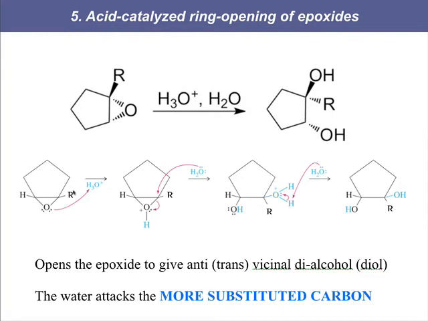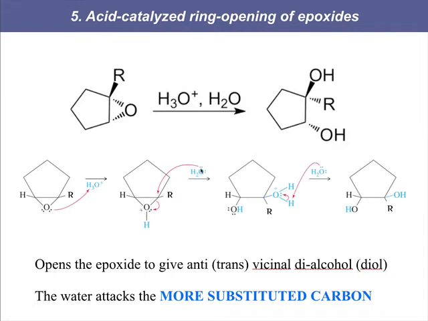Here's the mechanism. The first step is going to involve protonation of the oxygen in the epoxide ring with our acid. So our O will use its lone pair to grab an H plus from our acid. That will give us a protonated oxygen, which is now a very good leaving group.